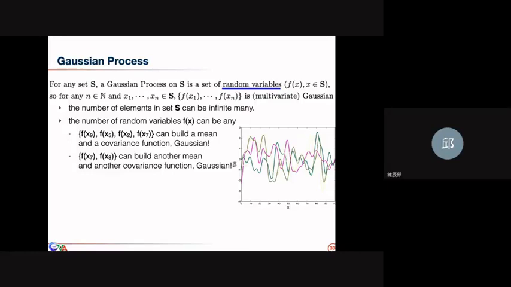First, the number of elements in this set S can be infinitely many. Second, the number of random variables f of X can also be any number. So here the main idea is that the joint distribution over a group of random variables is multivariate Gaussian.